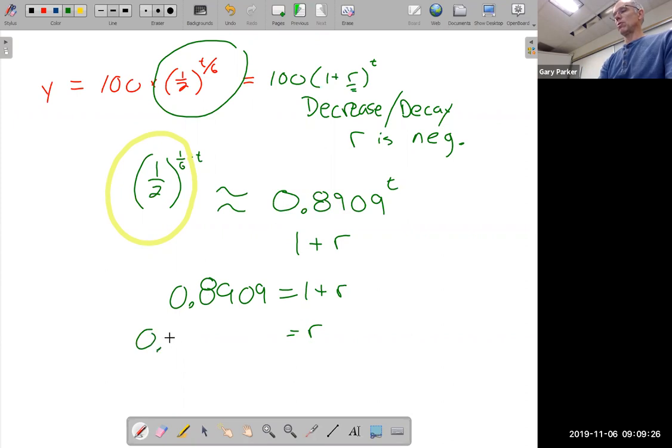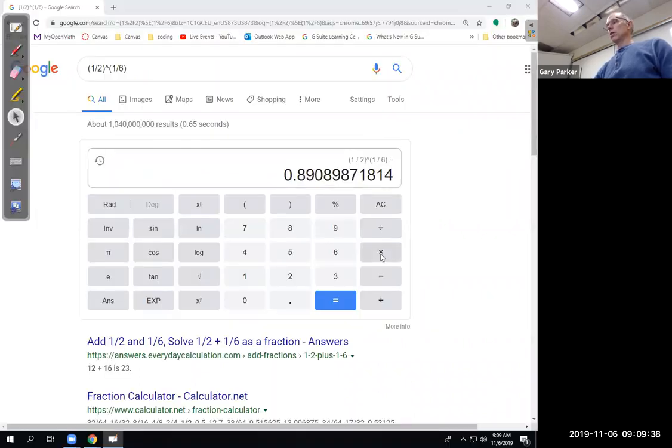So r would have to be that, minus 1. Calculator, take away 1, I get a drop of about 10 or 11%. So let's go to 4 decimal places again. So r is 0.1091.